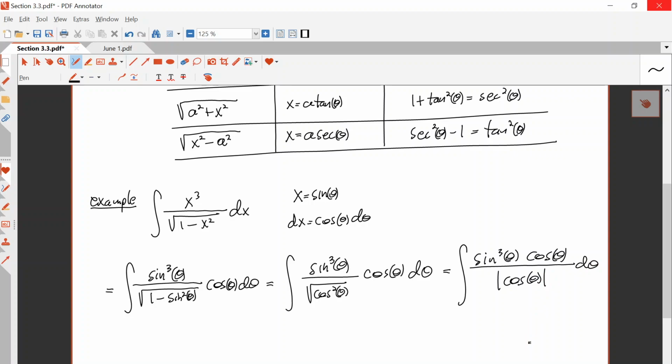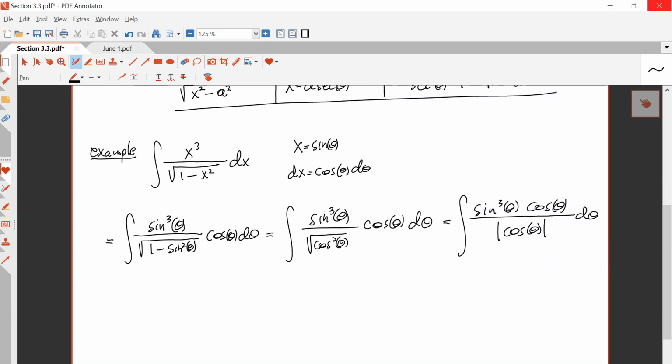But when you use a trigonometric substitution to do an antiderivative, usually it's applied to an integral on a domain, right? So you're going to be doing an integral from a to b, and it's going to be some integral on which cosine theta is positive. So, from 0 to pi over 2. And in that range, cosine is always positive.